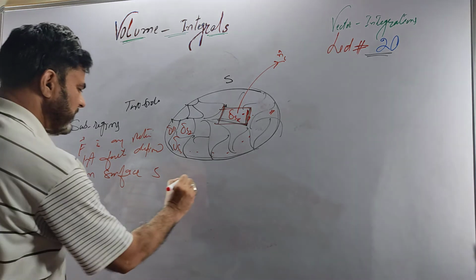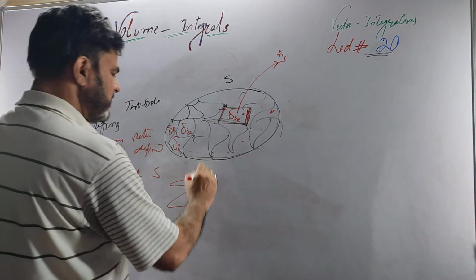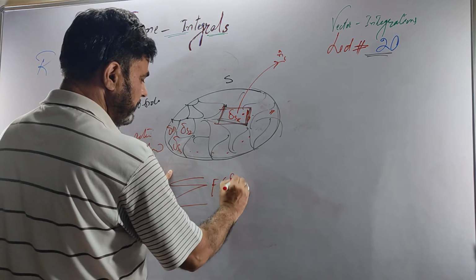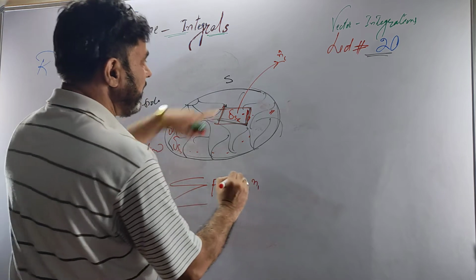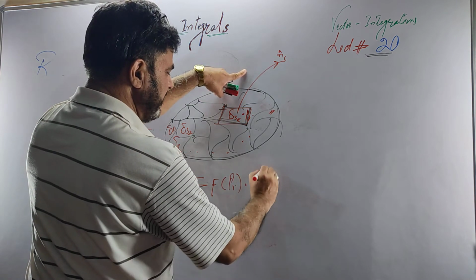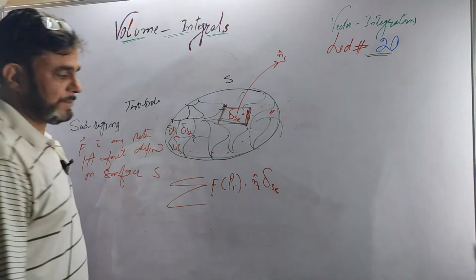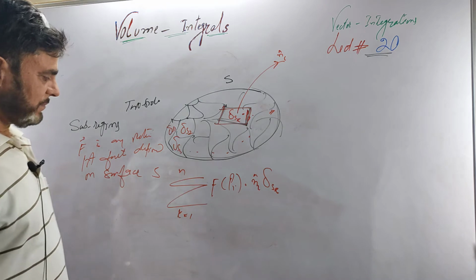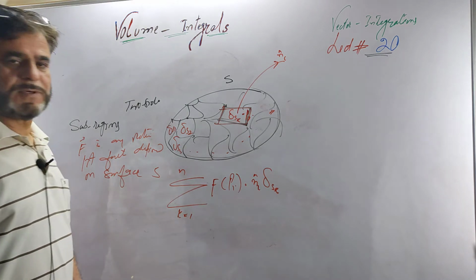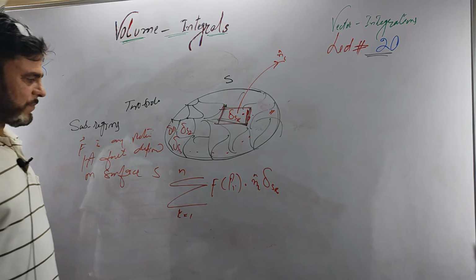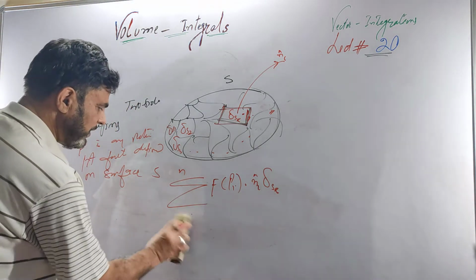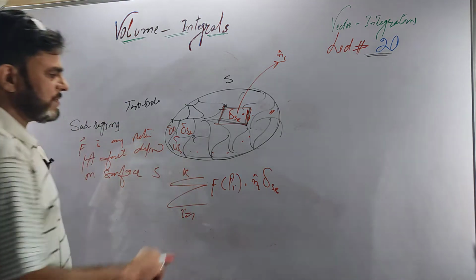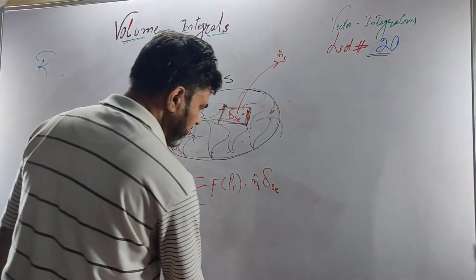Then we find the summation of f of pi dot Ni, where Ni is a unit vector, times delta Sk, for k from 1 to n. We take a finite number of subdivisions here.